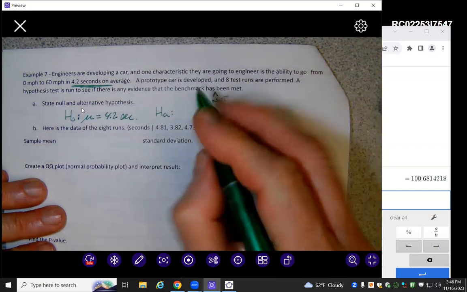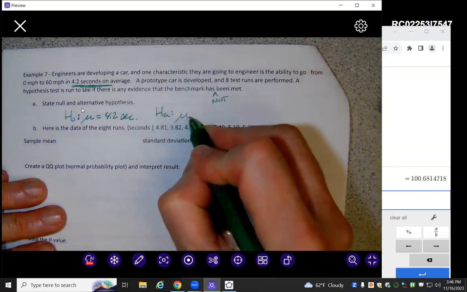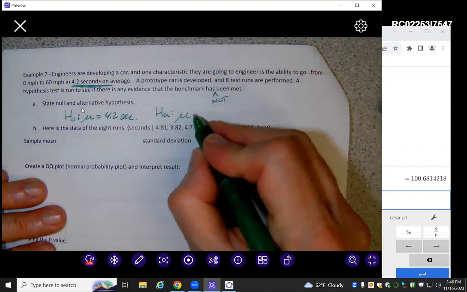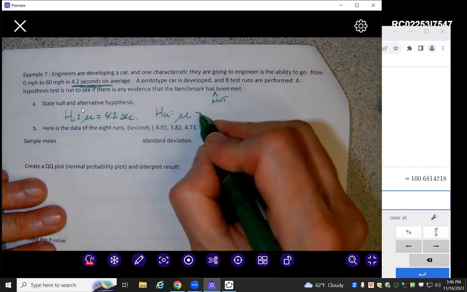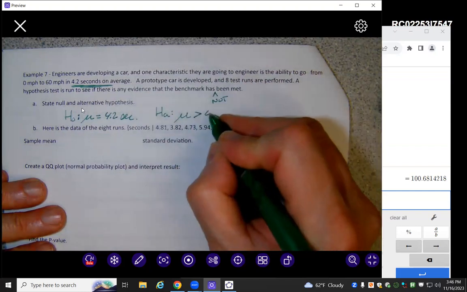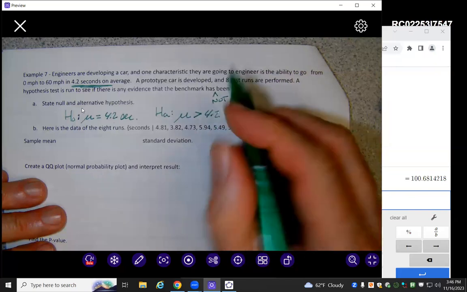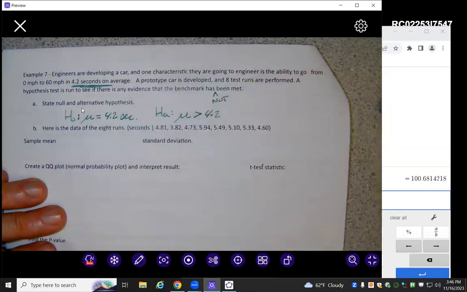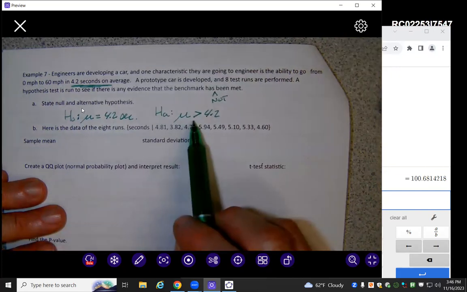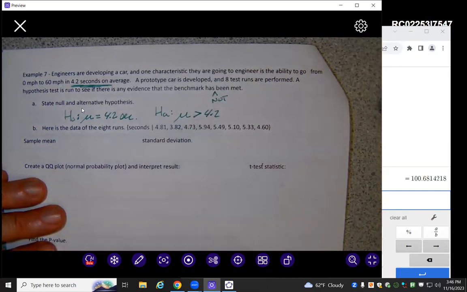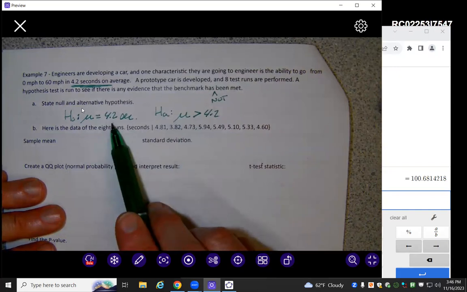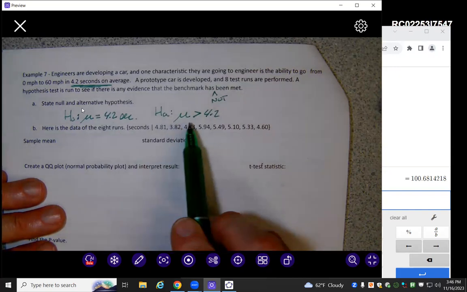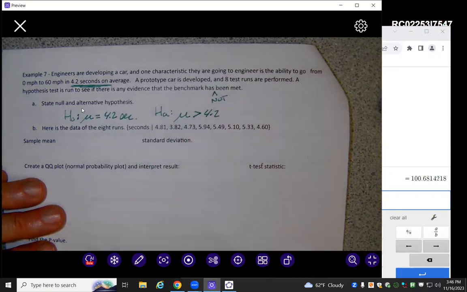So this is totally backwards from reality. Not met means that the car takes longer, because you want to go faster. Faster means fewer seconds to go from 0 to 60. So the benchmark has not been met, 4.2. This is a really bizarre engineering approach in that we assume we have met it, and look for any evidence that we have not met it. So this is totally bizarre.